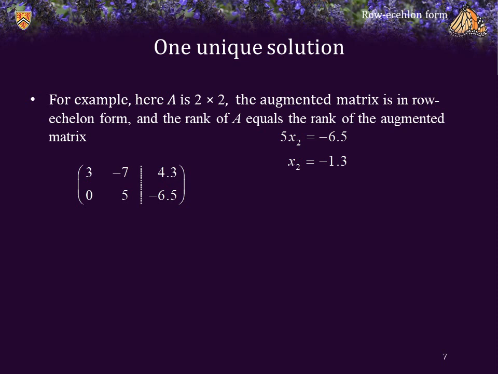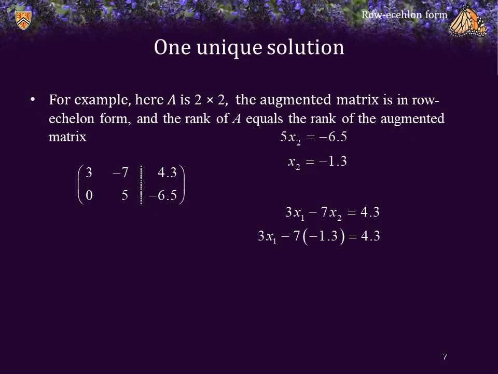Now let's look at the previous line. The previous line says that 3 times x1 minus 7 times x2 is 4.3. All right, not a problem. But we know what x2 is now. x2 must be negative 1.3. So let's substitute x2 into that equation. Now, negative 7 times negative 1.3 is positive 9.1.